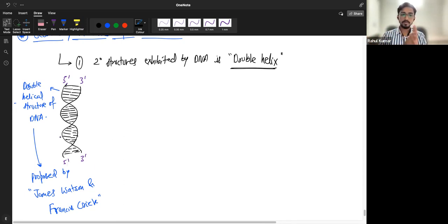In the bracket, write down anti-parallel polarity.